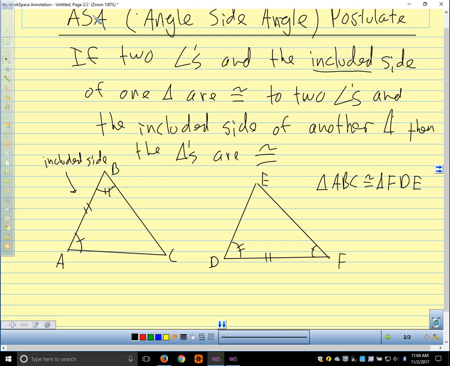So we can read the parts along the triangle the same way we read them along here. Angle, side, angle. And again, we need 3 parts for all of our postulates and theorems so far. We need 3 things to show that triangles are congruent. And that'll be true for all of them. There's one that's kind of an exception, but really it is still 3 things. All right, so questions on that postulate?